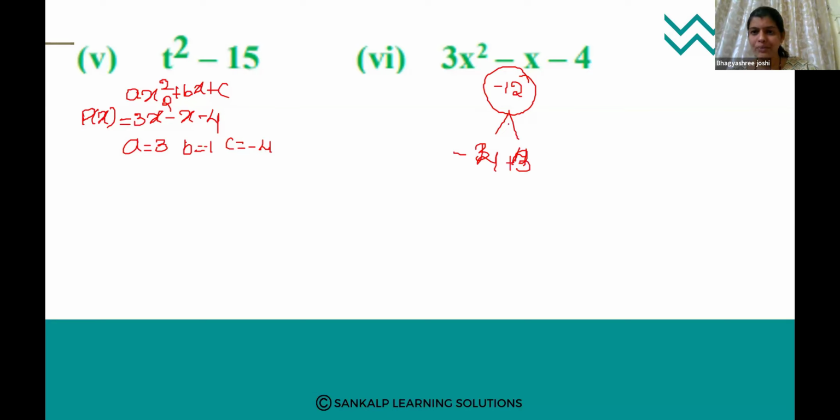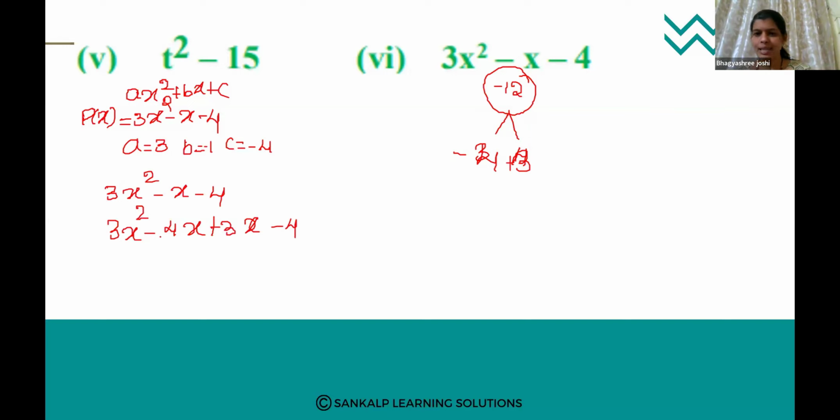Minus 4 plus 3, then I will get minus 1, and minus 4 into plus 3, then I will get minus 12. Yes or no? 4 3s are 12. So here 3x² minus x minus 4, this I will write as 3x² minus 4x plus 3x minus 4, right?